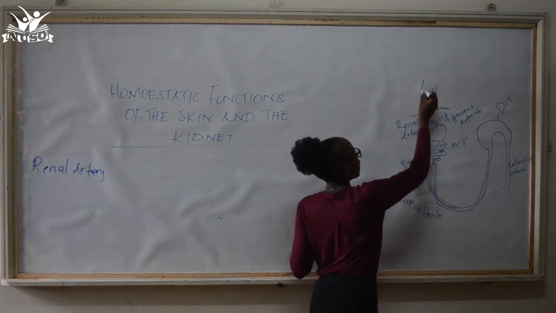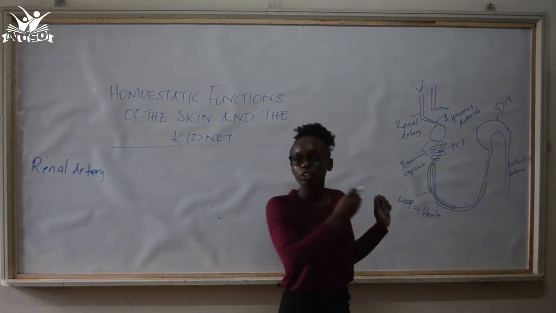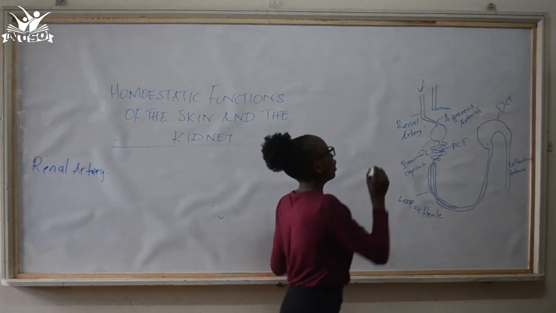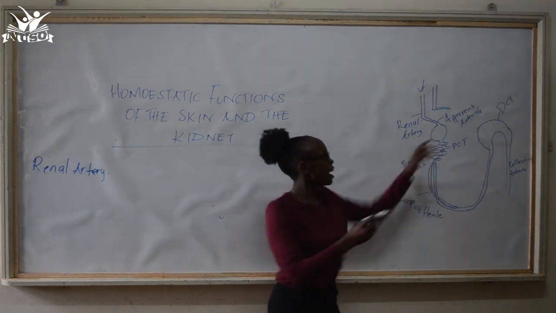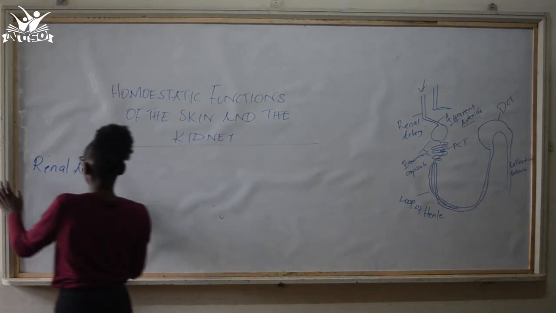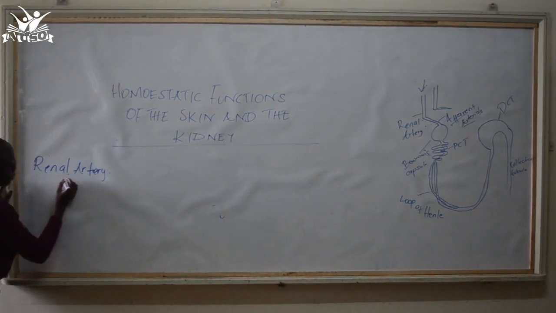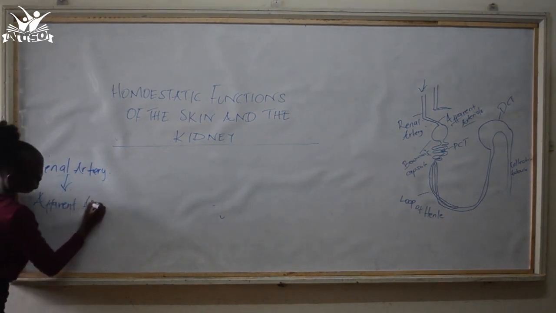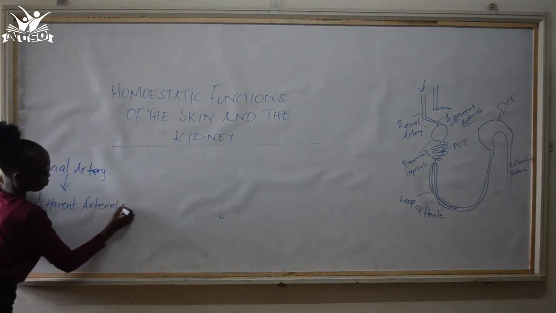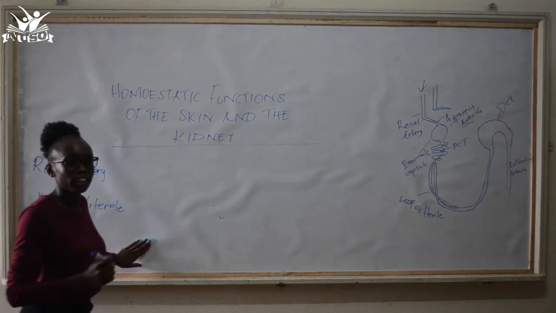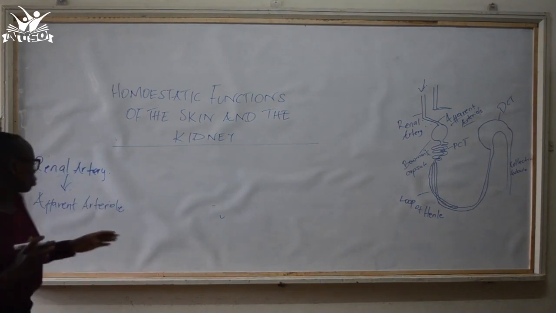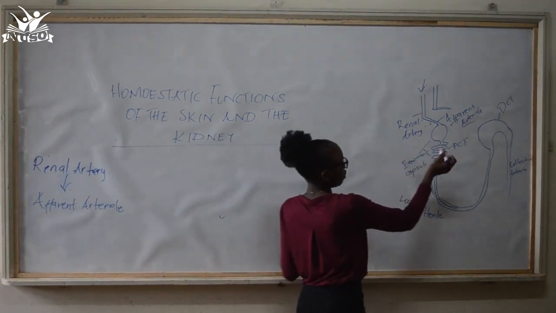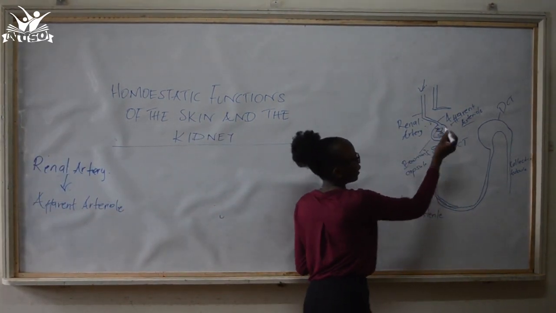The renal artery carries oxygenated blood, and it passes through the afferent arteriole. The afferent arteriole is wider than the efferent arteriole. Blood passes through the afferent arteriole at a very high pressure. From the afferent arteriole, blood goes into the glomerulus.